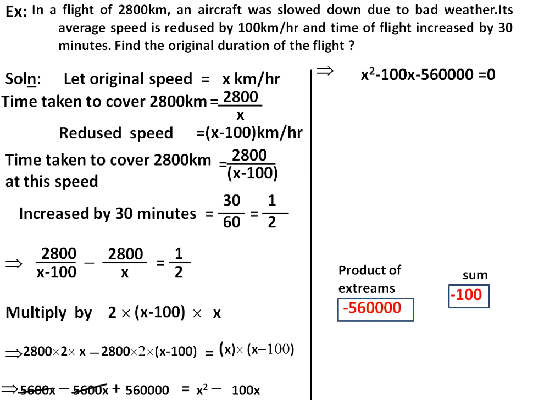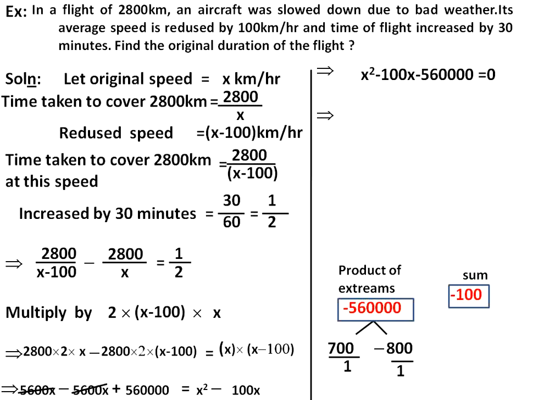If I add, I must get minus 100. 56 means 7 8, I will write. So 700 into 800, 7 8 56, there are 4 zeros. So I want the minus sign, therefore I have to put the minus for the biggest one. Coefficient of x square is 1.